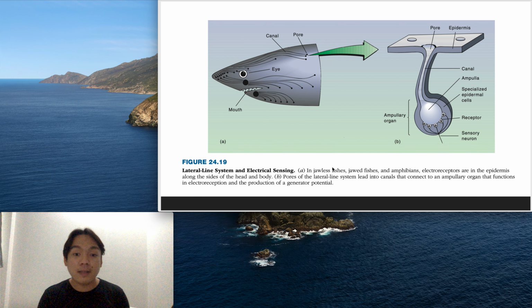This is the lateral line system of your jawless fish in letter A, and jawed fish and amphibians. These electroreceptors are in the epidermis along the head and the body. Pores of this lateral line system lead into canals that connect to the ampullary organ, which functions in electroreception and the production of generator potentials.